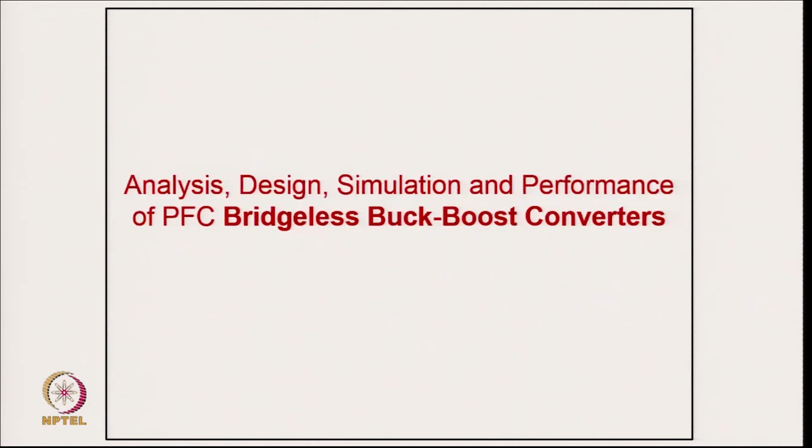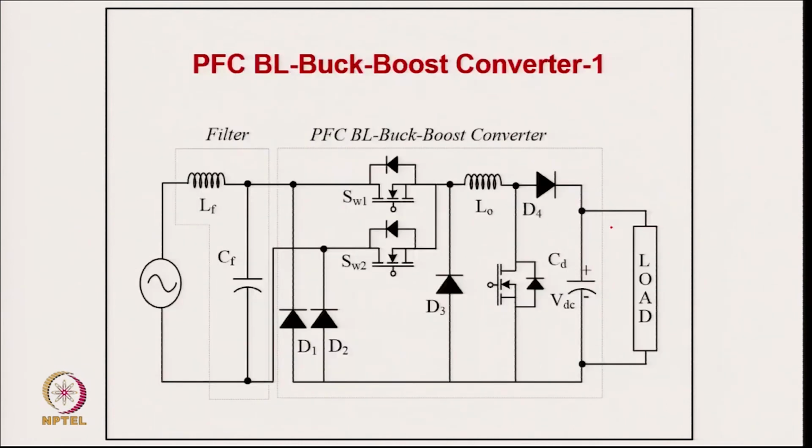Now coming to the analysis, design and performance of the PFC bridgeless buck boost converter. This is what we were talking about, the bridgeless simple buck boost converter. Here you can understand we are sharing a common inductor; in the positive half cycle this device conducts and in the negative half cycle the second device conducts.